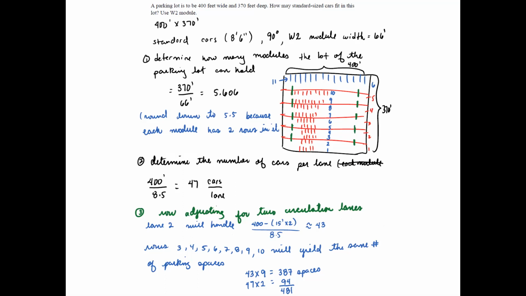The number of modules that you are going to be able to fit is based on whether you want to use the 400 dimension as your width or the 370 feet dimension as your width. In this case, I use the 370 feet.